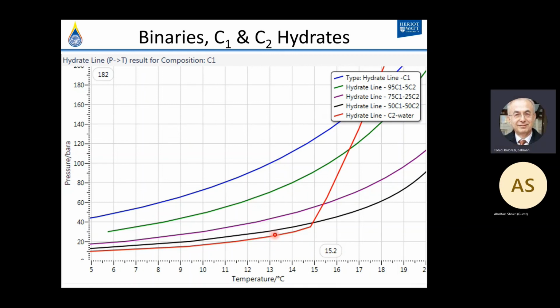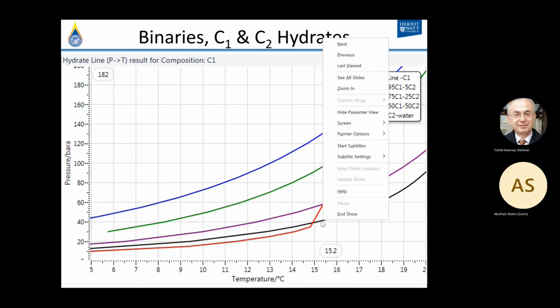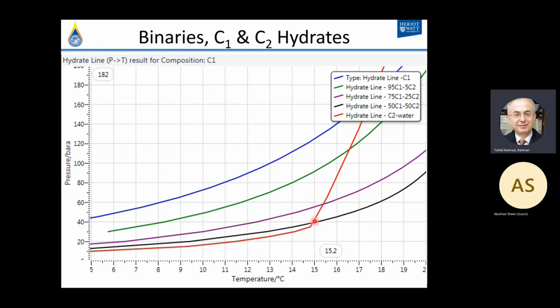Here we have 50-50, the black line. You see that it goes across the pure methane hydrate phase boundary here.